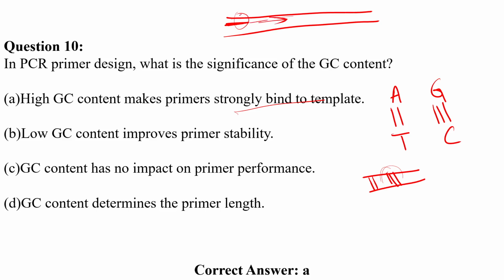By the time the polymerase sits on the primer and starts the extension, if the binding is not strong enough, there is a chance that the primer can get dislodged and fall off the template, and we will not get the specific amplification of that particular gene. That's why we need a strong binding of the primer with the template DNA.